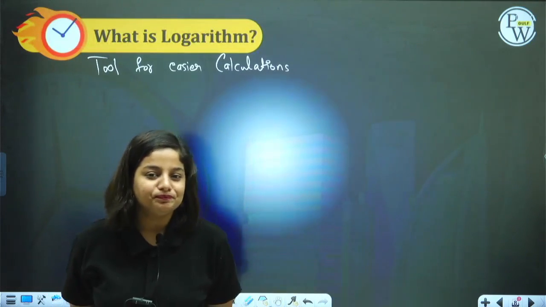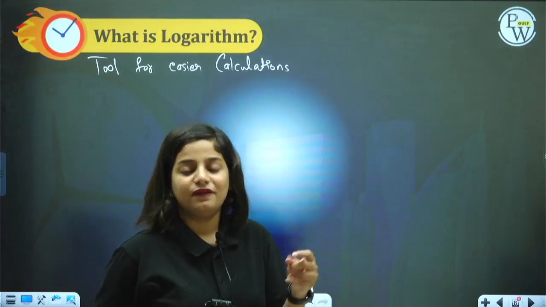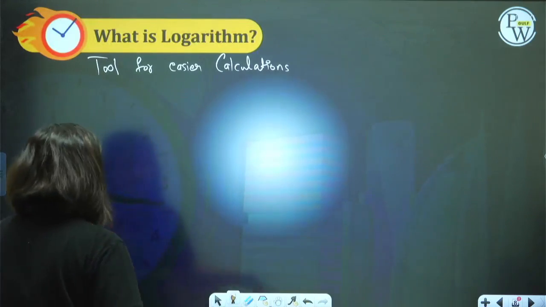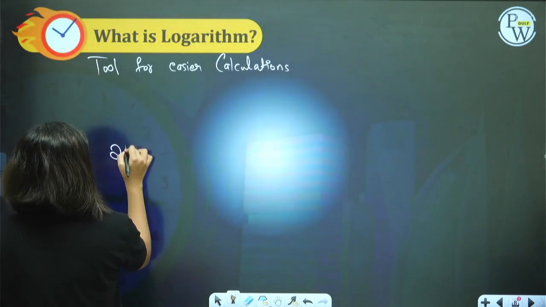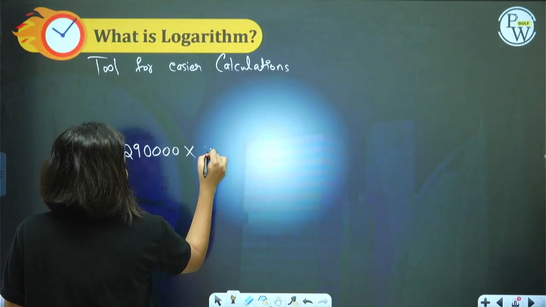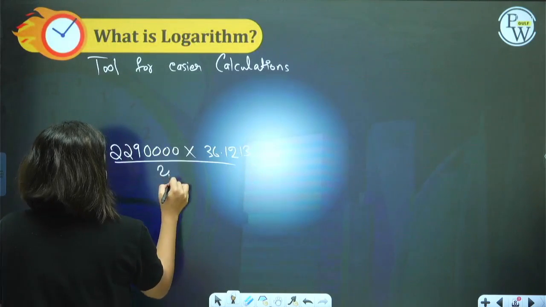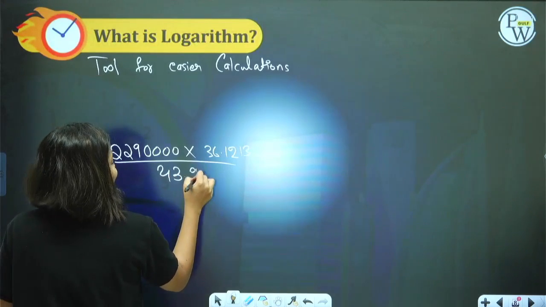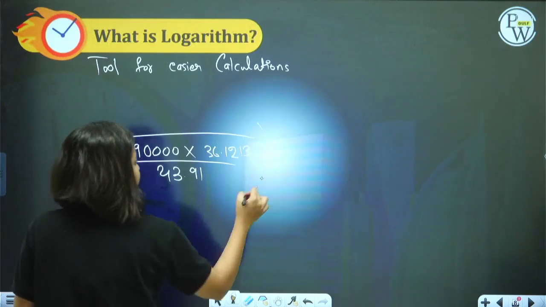But trust me, once you get your hands on logarithms, the biggest of calculations can be simplified. Now I can't even write such a big calculation, but literally if you have 22,9,000, I don't know what this number is, into 36.1213 upon 43.91, cube root, the whole raised to 52.